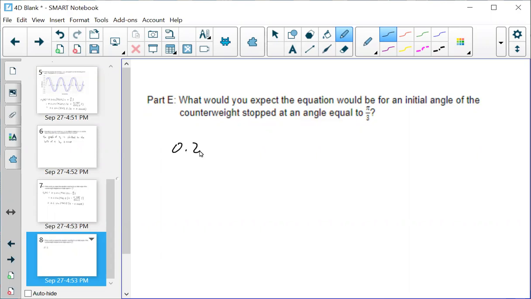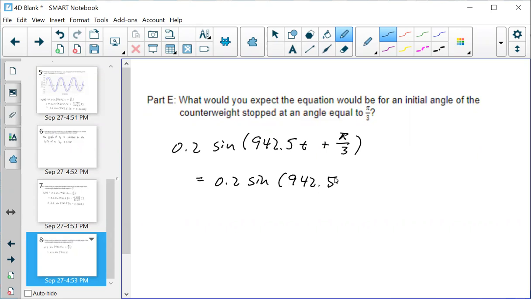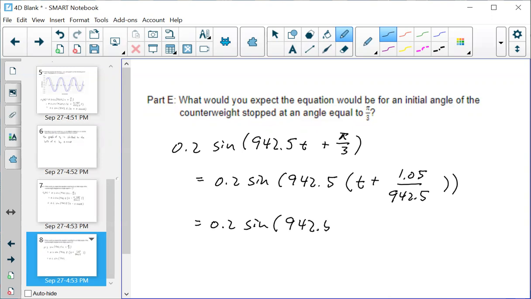So let's write that: 0.2 times the sine of 942.5 t plus pi over 3 is equal to 0.2 sine of 942.5 times the quantity t plus 1.05 over 942.5, which equals 0.2 times the sine of 942.5 times the quantity t plus 0.0011.